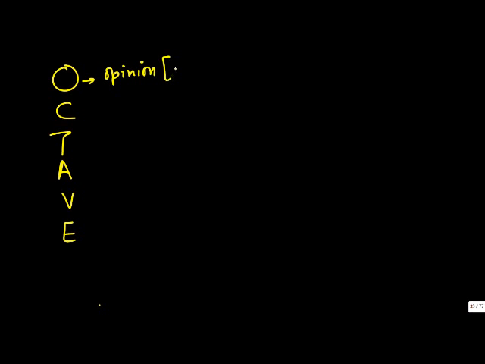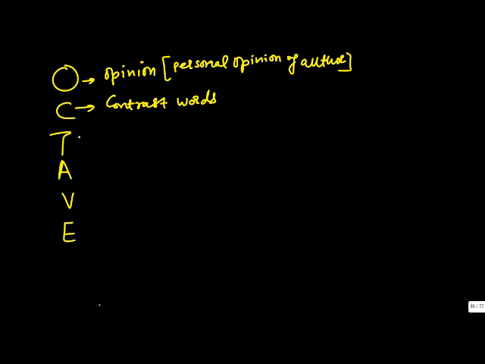opinion. So we should look for personal opinion of the author first of all. We should always look for contrast words. We should think about the tone of the passage in terms of whether it's positive or negative or neutral.